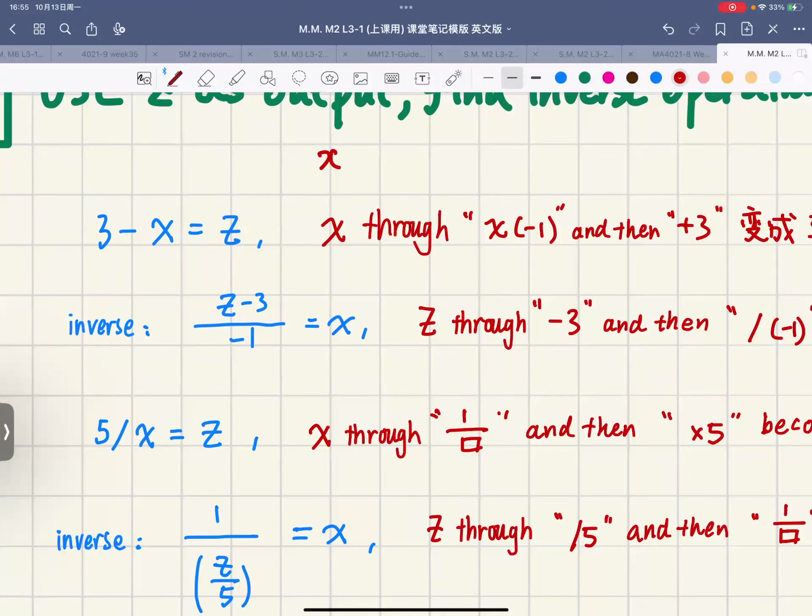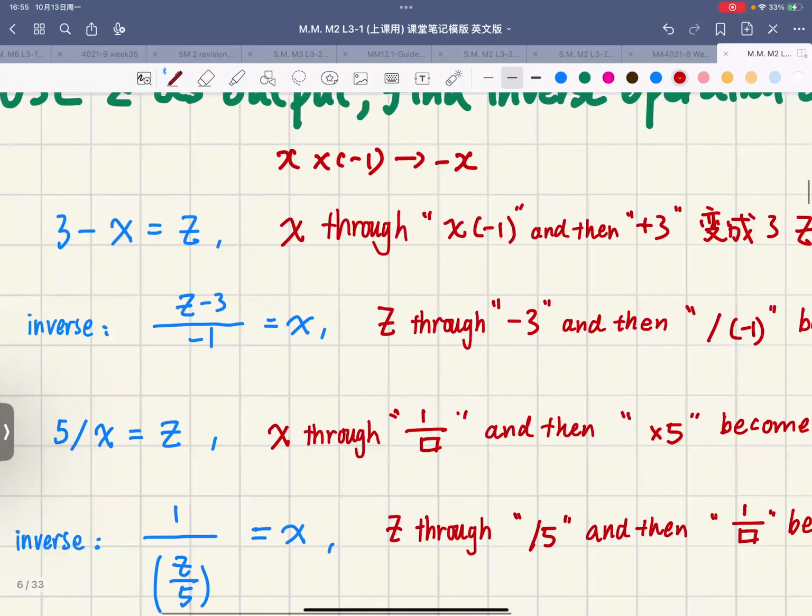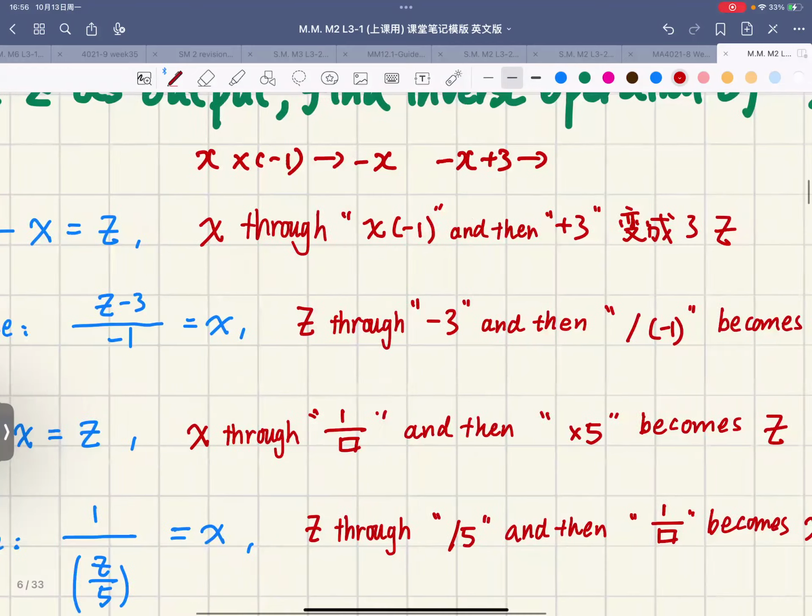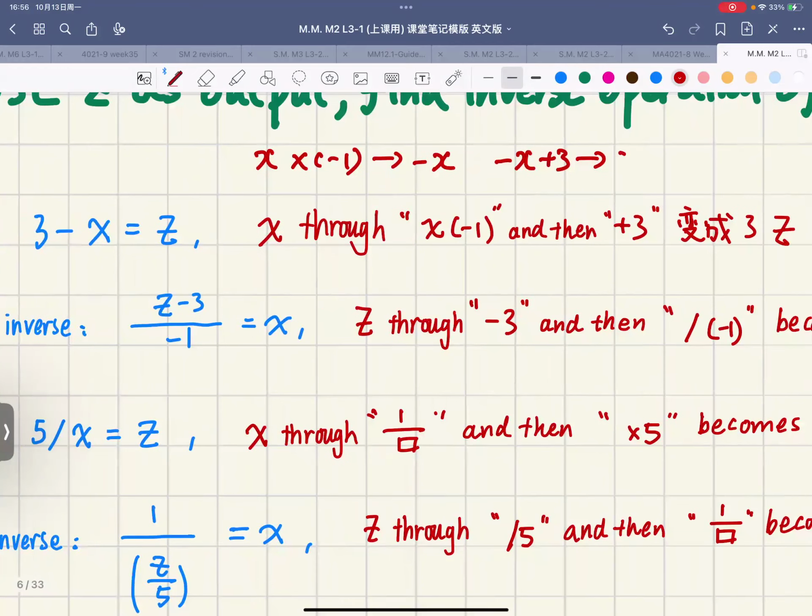So you times -1, and then you have negative x, right? And then you add 3. Okay, that's the first step. You have negative x, and then you add 3, which gives you 3 minus x is equal to z.